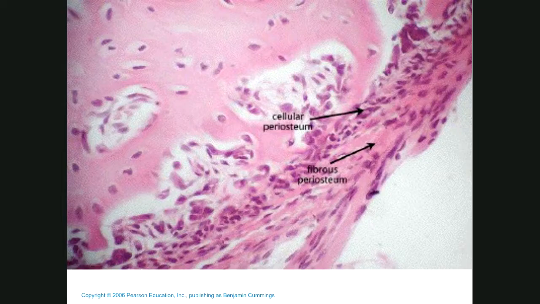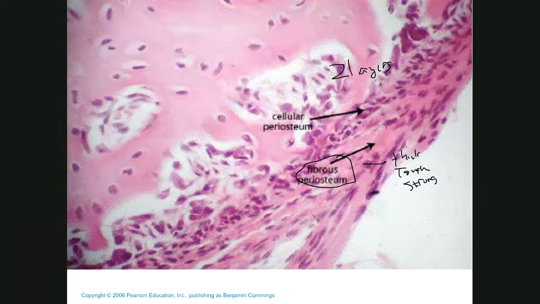Any questions about this? So two layers. Here's our fibrous layer. Again, it's thick. It's tough. It's strong. Provides an anchor for things like tendons and stuff like that. It also protects the bone.